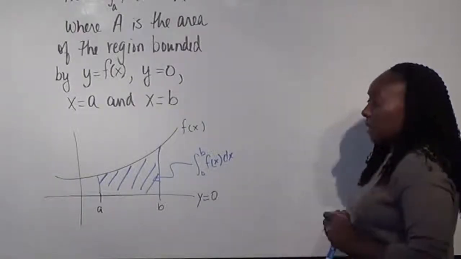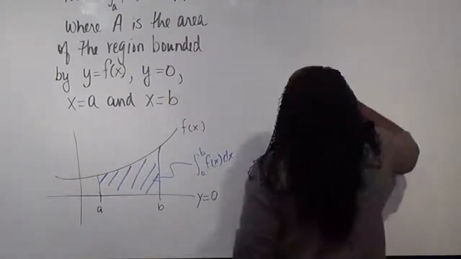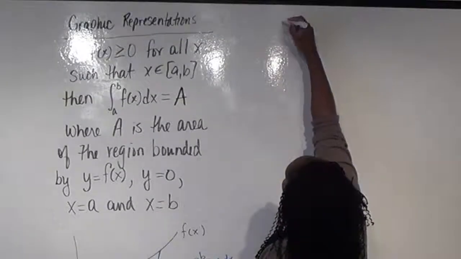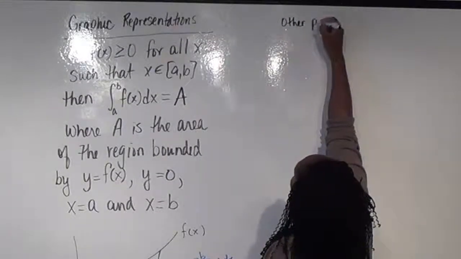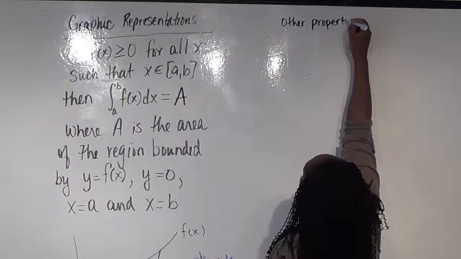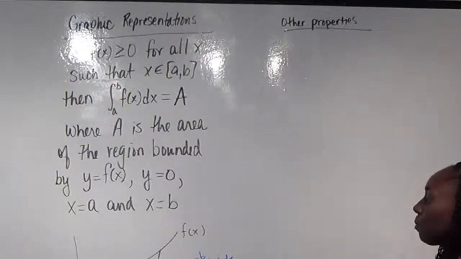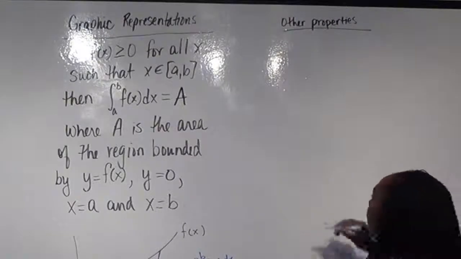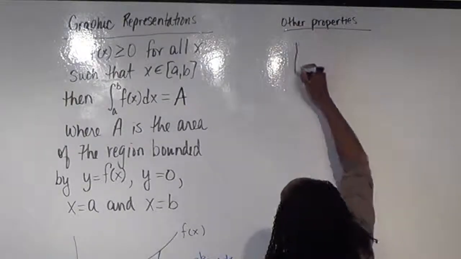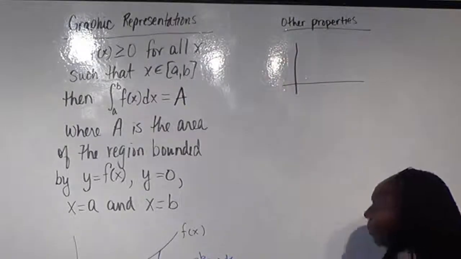Now, some other things to consider are other properties in terms of this graphical representation. Well, the first is one that we won't use so much, but it does come up.